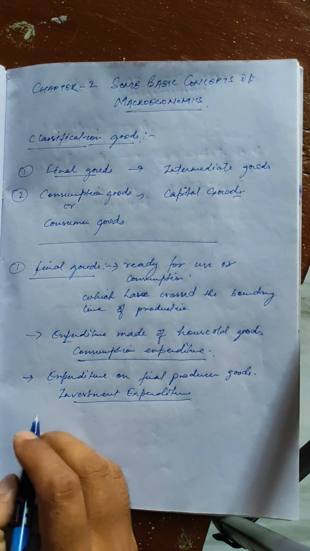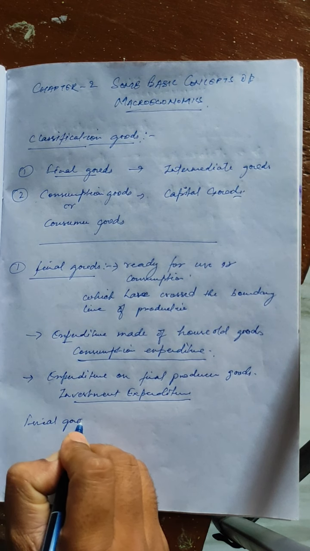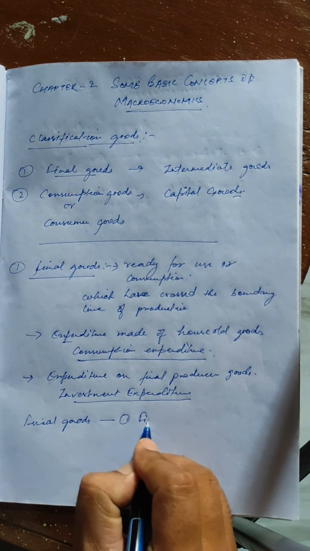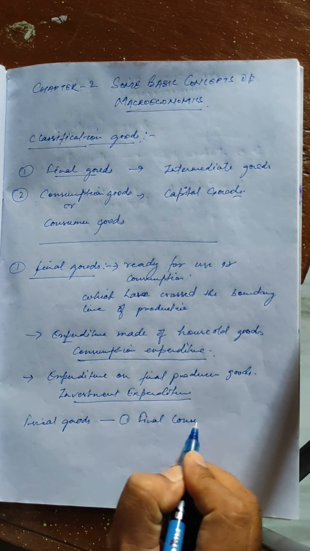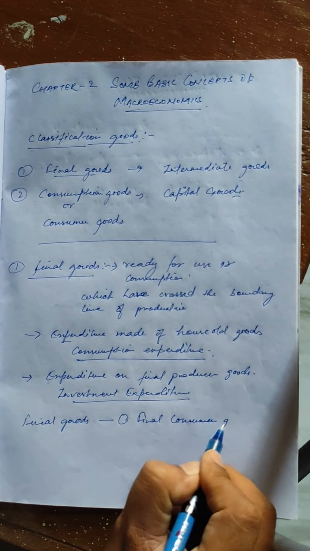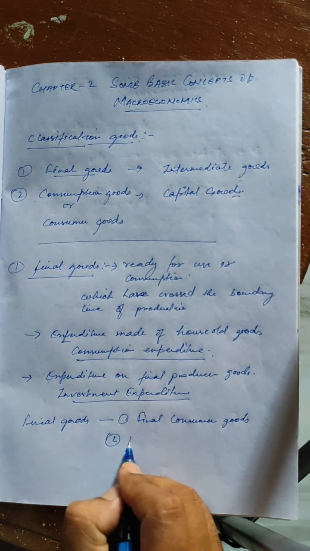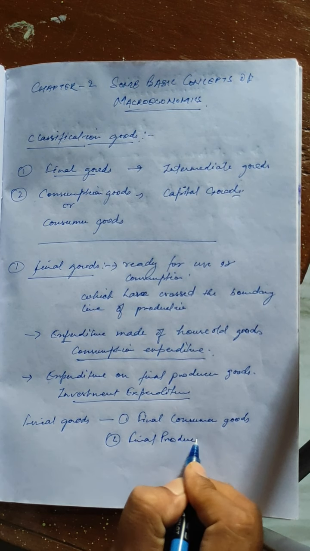Again, final goods are of two types: one is final consumer goods, second is final producer goods.